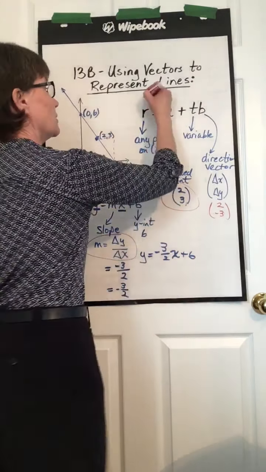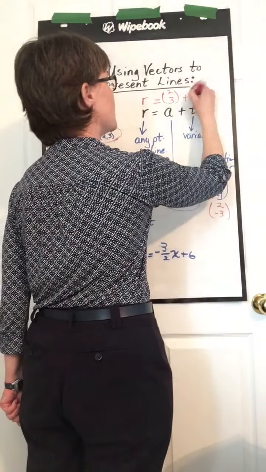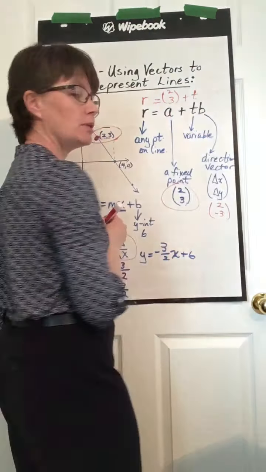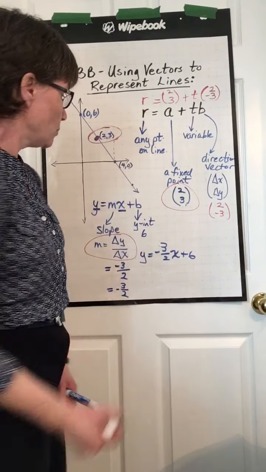That represents the fixed point on the line, this one here, plus t, which is our variable, which would usually be time, and the direction vector 2, negative 3, which is the direction this way.